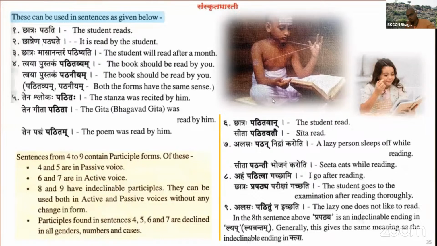Whatever we have read in the previous slide, the example is given here. In this way, you have to make sentences with those words which come from adding suffixes to verb roots.